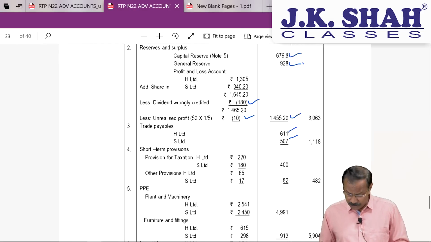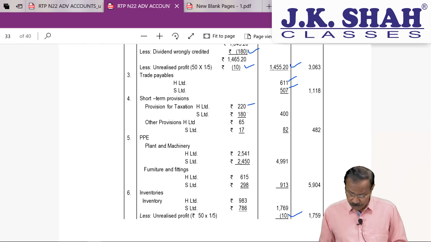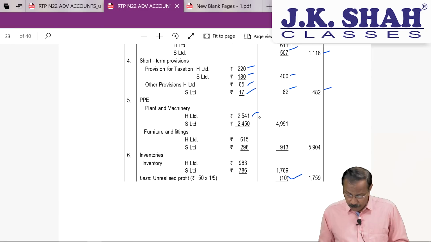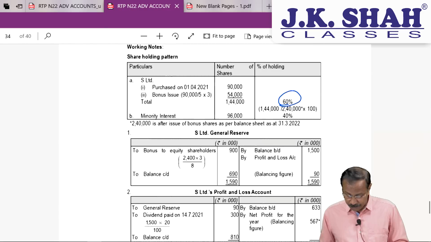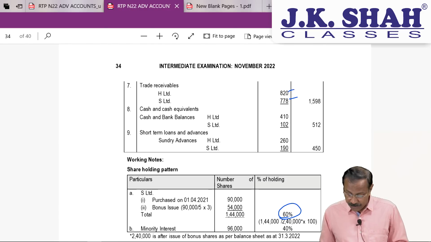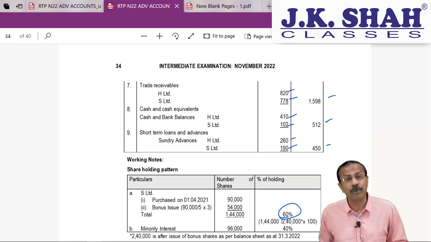Trade payables, you simply add, no adjustments. Provisions, you simply add, no adjustments, remember. Plant and machinery, you add, no adjustments. Furniture, you add, no adjustments. Inventories, yes, stock reserve we adjusted, but there is no adjustment in trade receivables, cash and cash equivalent, or short-term loans and advances.